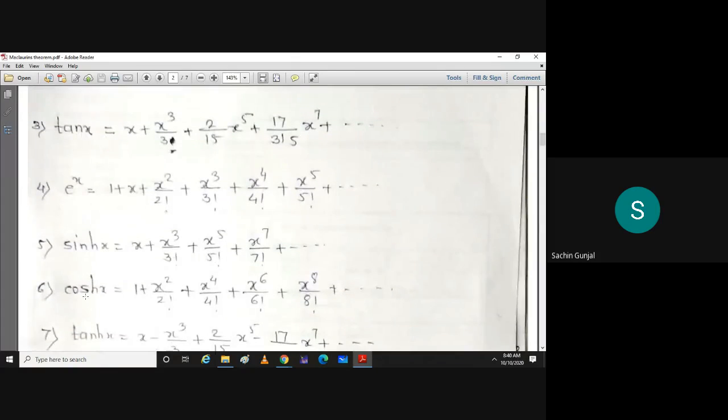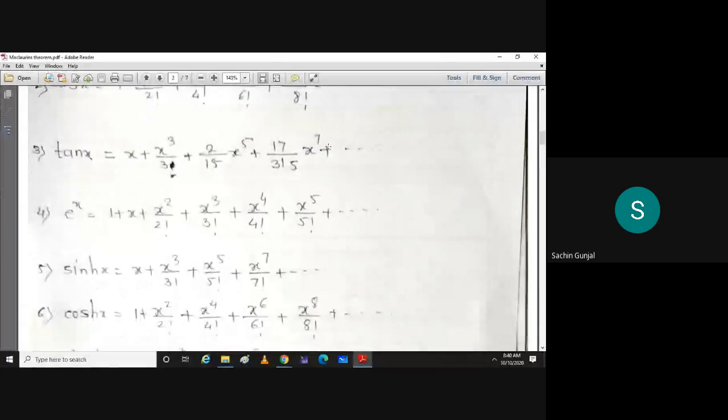Similarly, cos hyperbolic x is also 1 plus x square by 2 factorial plus x raised to 4 by 4 factorial and so on. All are positive, whereas in cos x there is alternate plus and minus.